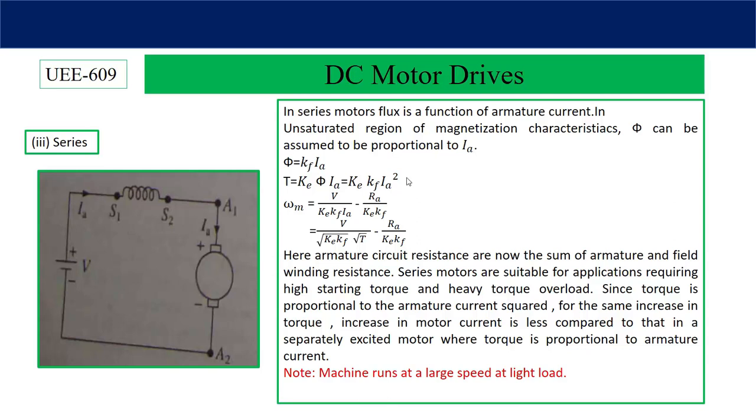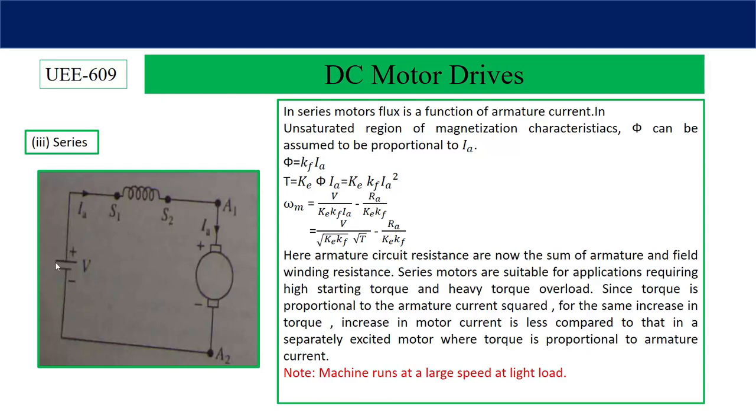So in comparison to separately excited DC motor, if a small change in torque takes place, then the increase in armature current is smaller in case of DC series motor. At the same time, from the torque speed characteristics of this DC series motor, we have seen that at the time of starting, the torque developed is very large.